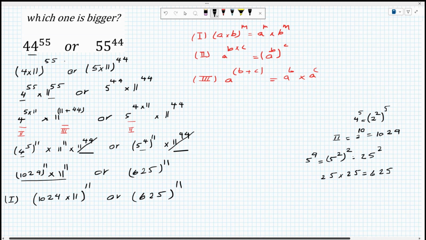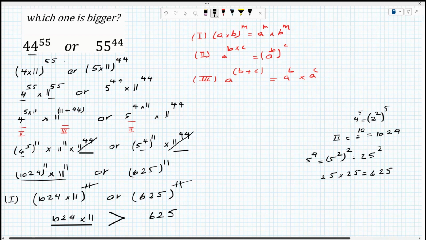Because both have the same power 11, I can eliminate the power. So I will have 1024 multiplied by 11, and on the other side I have 625. And we all know that this term is bigger, so here I'm going to have this sign.